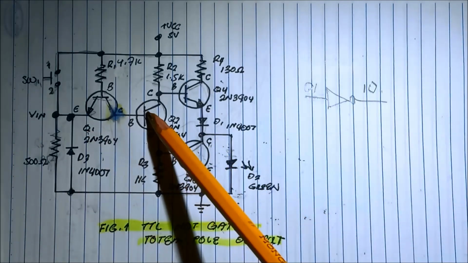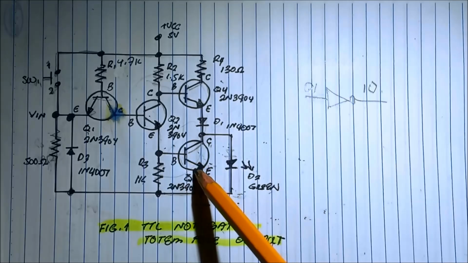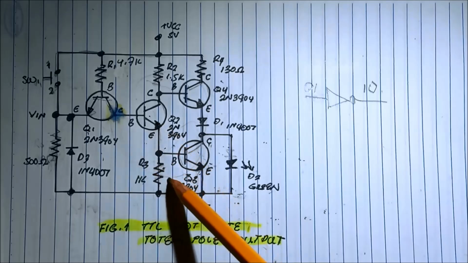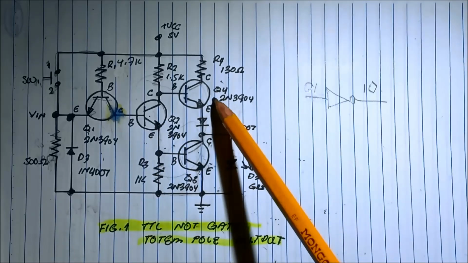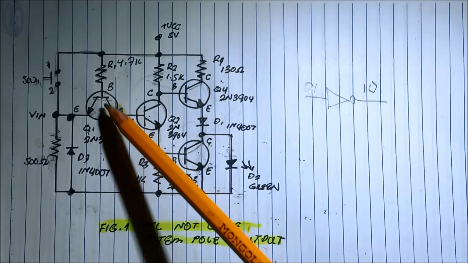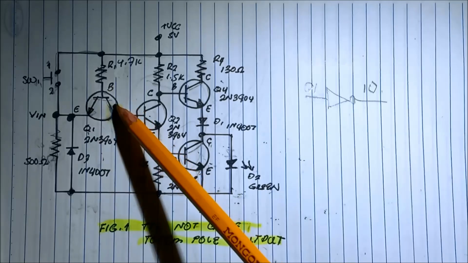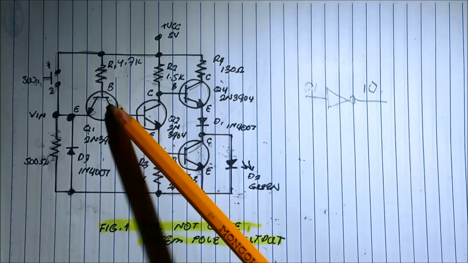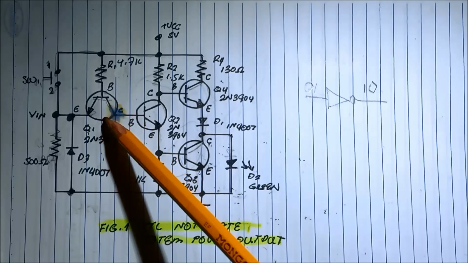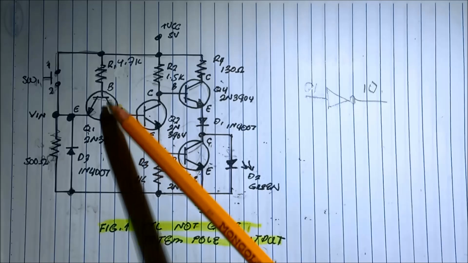For the circuit we have 4 transistor, all BJT 2N3904. What is the purpose of this transistor? Okay, the purpose of this transistor is not as a switch. The diode function of the transistor.